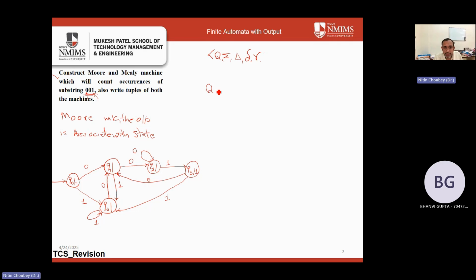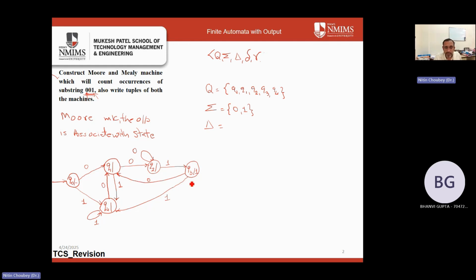Q is a finite set of states, wherein we have Q0, Q1, Q2, Q3, and Q4 as the states. Summation is a finite set of input symbols, where inputs are nothing but 0, 1. This we are representing as a delta, which is nothing but the output function.